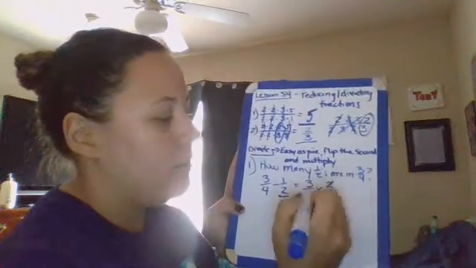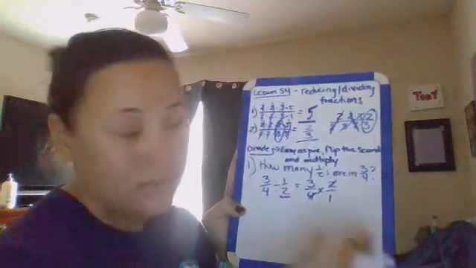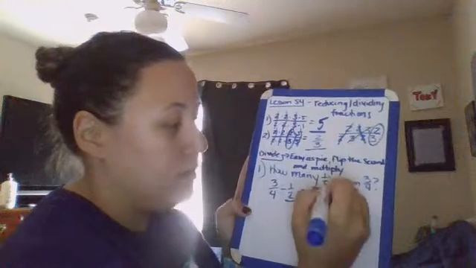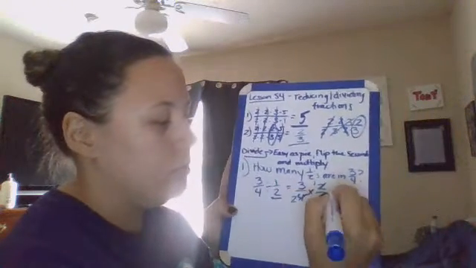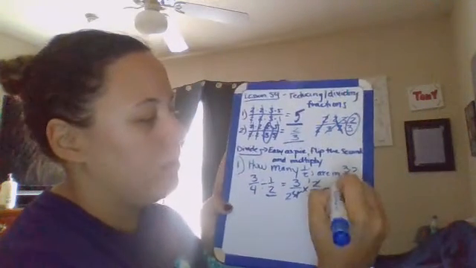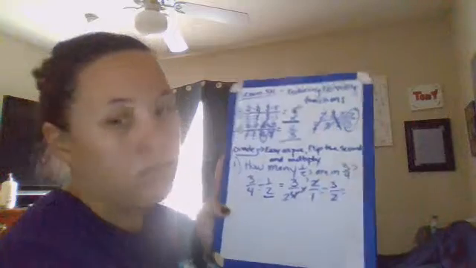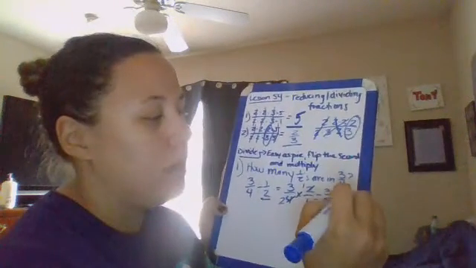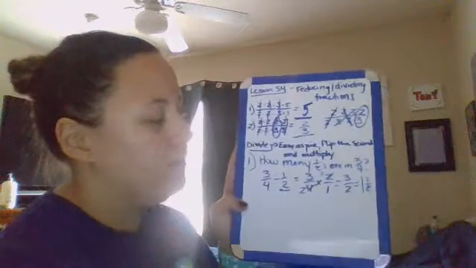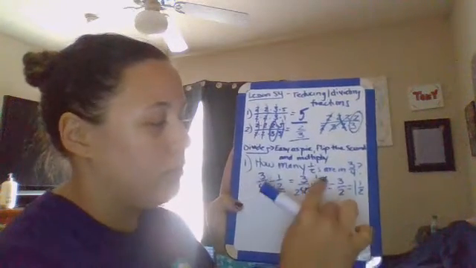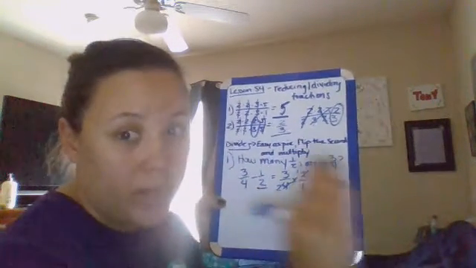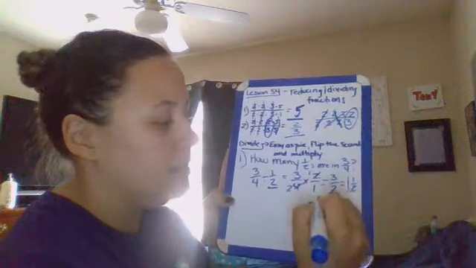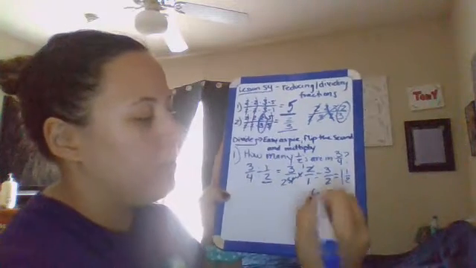And then we can go ahead and reduce it down. So that's going to be 3 over 2, which is an improper fraction. So then we would need to convert it to 1 1/2. Or instead of reducing it here, we could have just multiplied it straight across. 3 times 2 is 6, and 4 times 1 would have been 4.